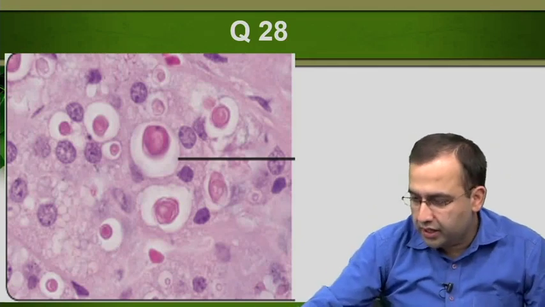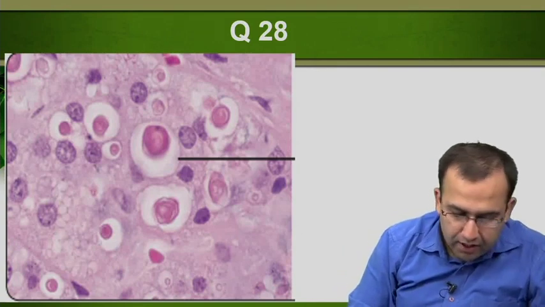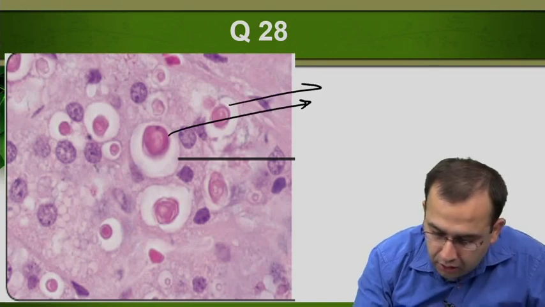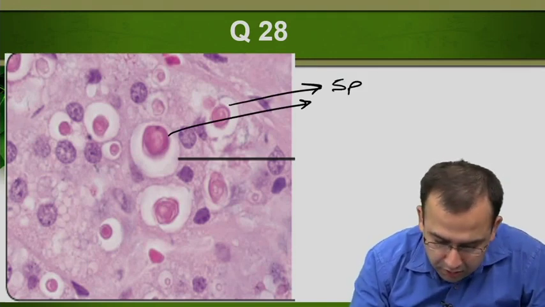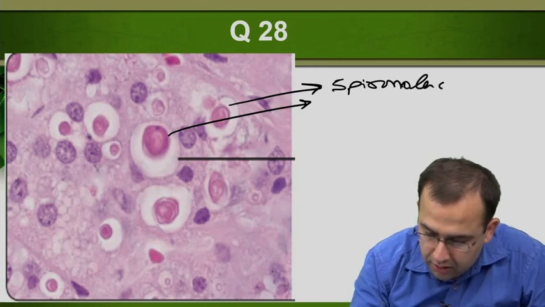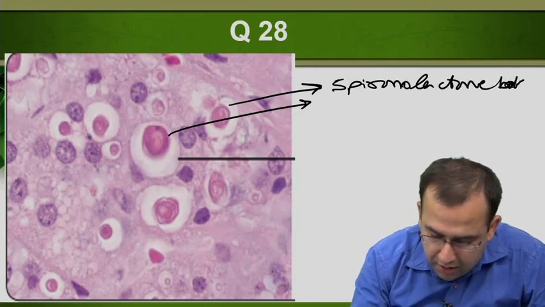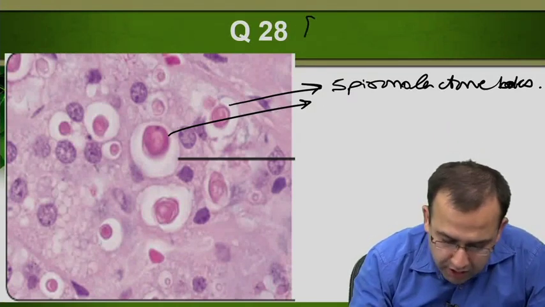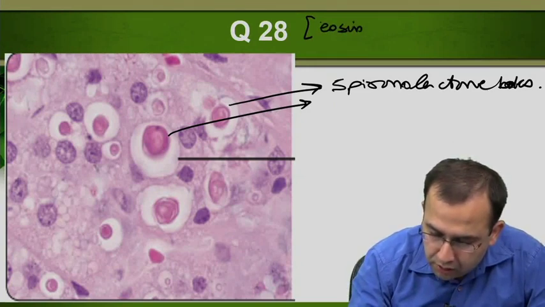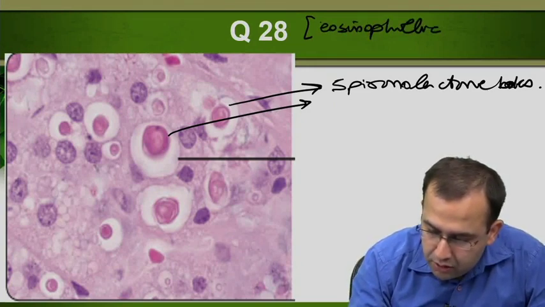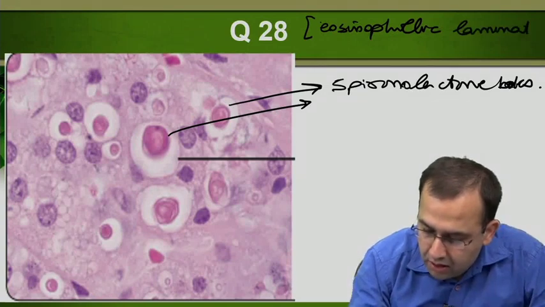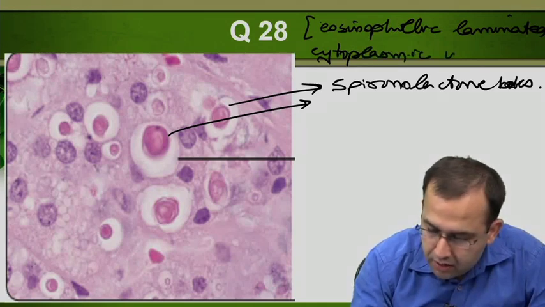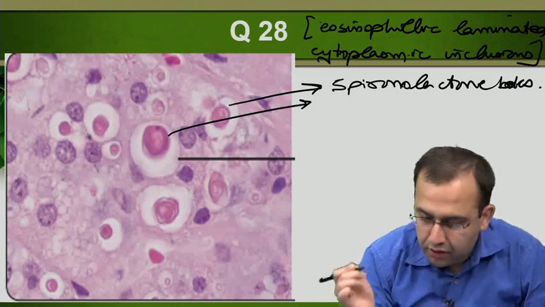Next. Question number 28, diagnosis. What we see here is the presence of spironolactone bodies. What are spironolactone bodies? These are eosinophilic laminated cytoplasmic inclusions.